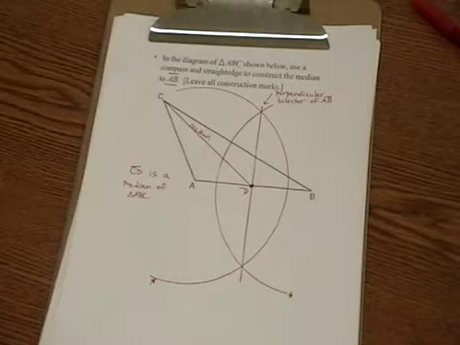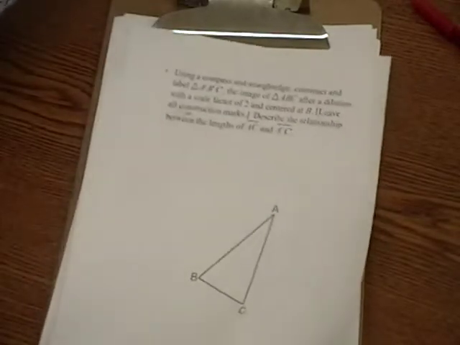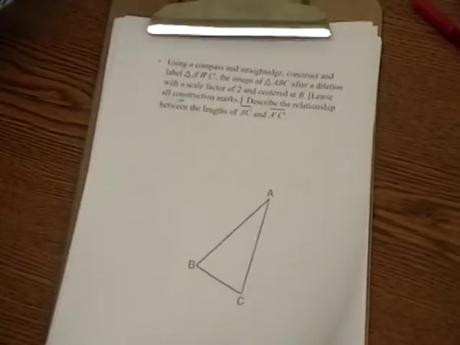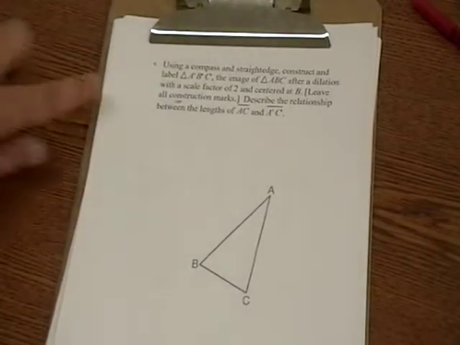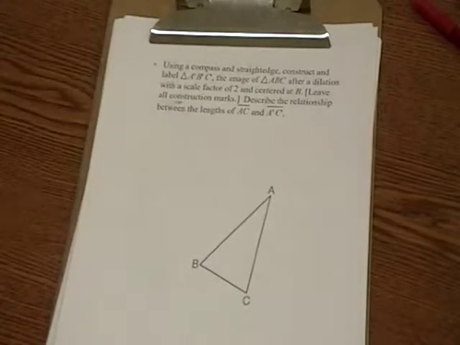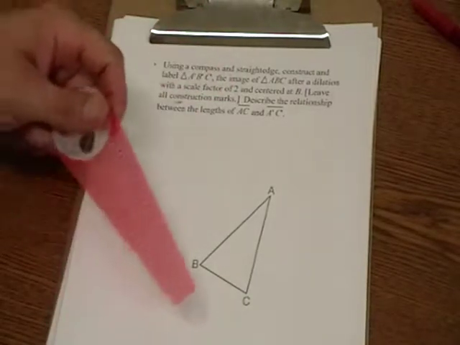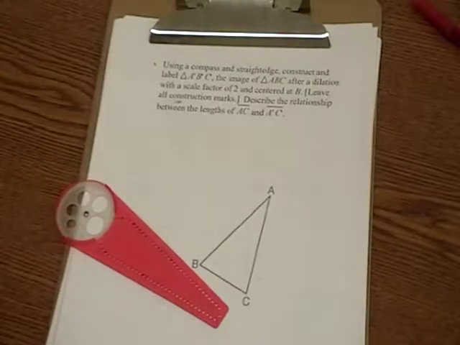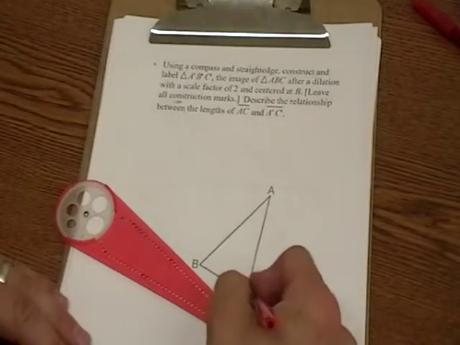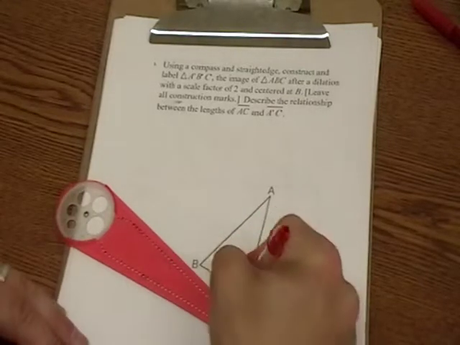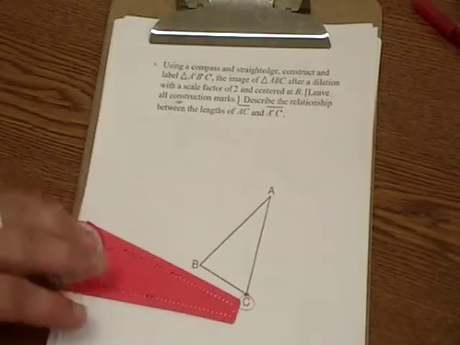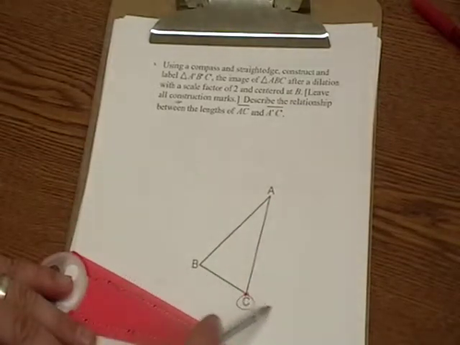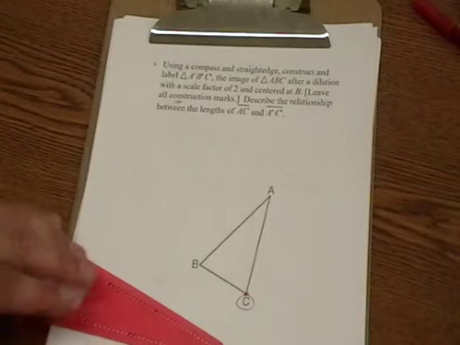All right, number 5. Let's use a compass and a straight edge to construct the image A prime, B prime, C prime, which is after a dilation with a scale factor of 2 centered at B. When we construct a dilation and they tell us the center, each point's image, say we start with C, will travel along the same path as the center to that pre-image.